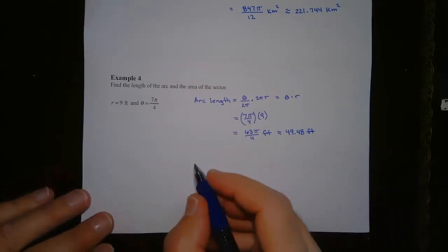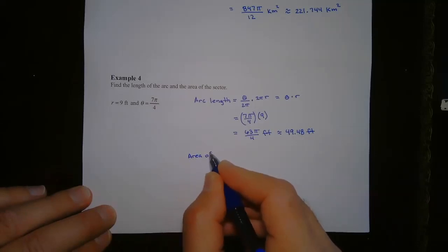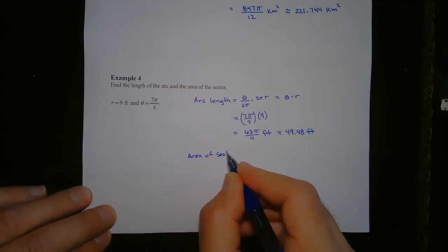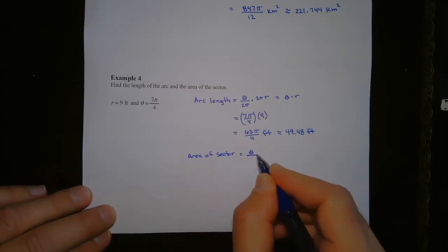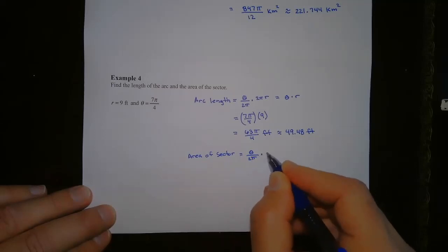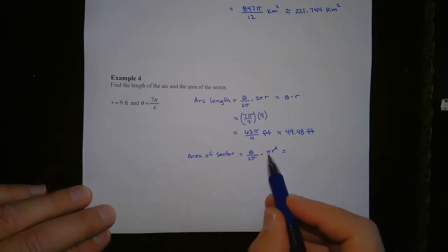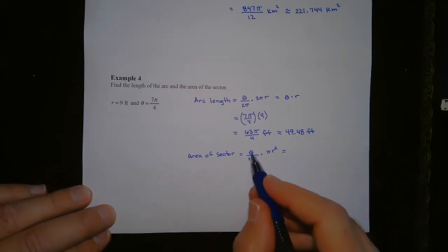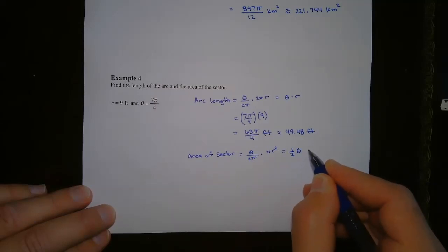Moving on to the area of the sector. Area of a sector is, again, theta out of 2 pi times the area of the circle, pi r squared. Our pi's would cancel, and this would be theta over 2, which is equivalent to 1/2 theta times r squared.